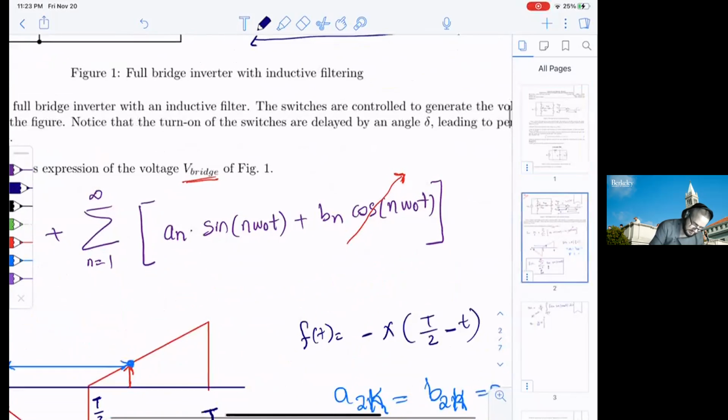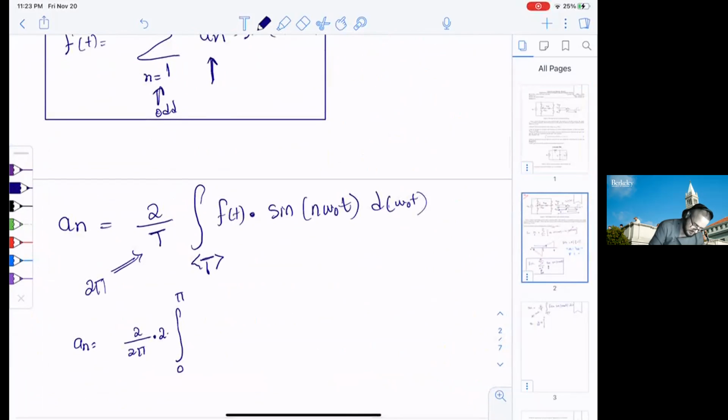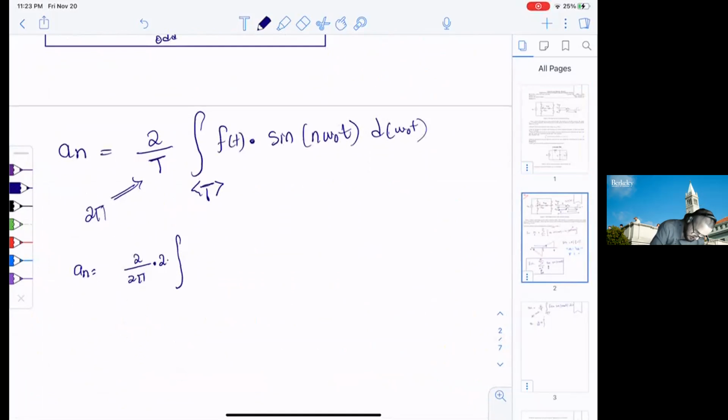Actually, I'm going to change these back properly to delta to pi minus delta, and we figured out what f of t would be in that range. It would be just VDC. Then we still have sine of n omega naught t d omega t.